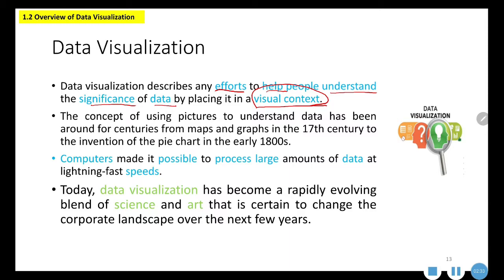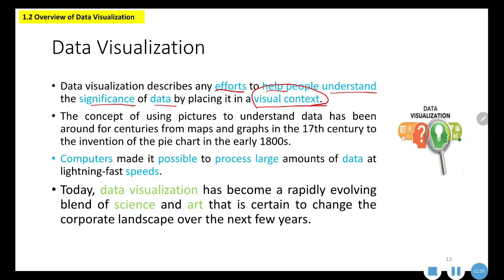Okay, so computers made it possible to process large amounts of data at lightning fast speeds. Without computers, it is very hard for the human brain to digest that data into something useful. So that's why we use computers.